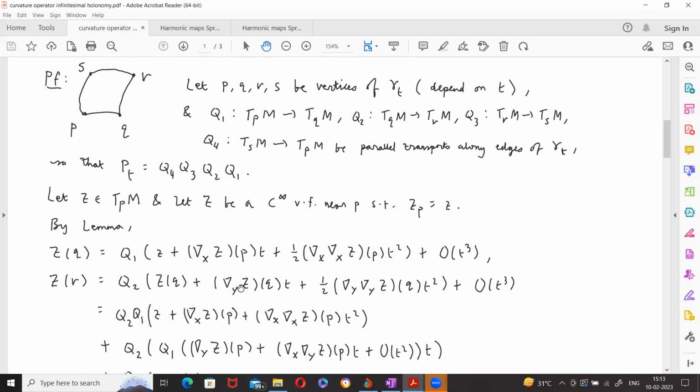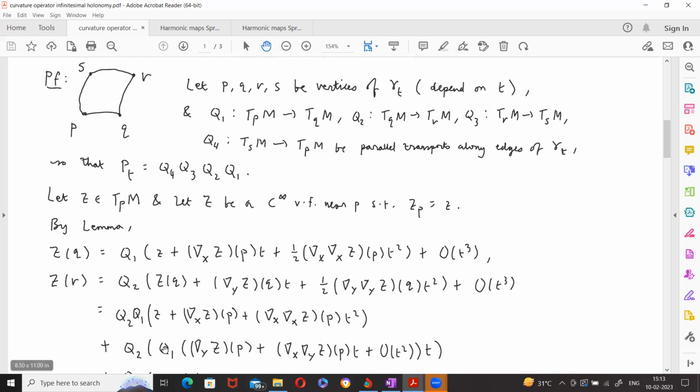But now in this expression, this z at q, I replace by the first expression, which was q1 into this sum. So this will become q2 into q1 of something. And now this nabla y of z at q, I also replace by the Taylor formula.